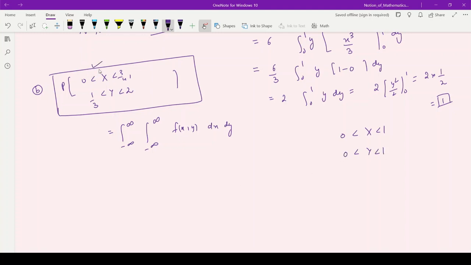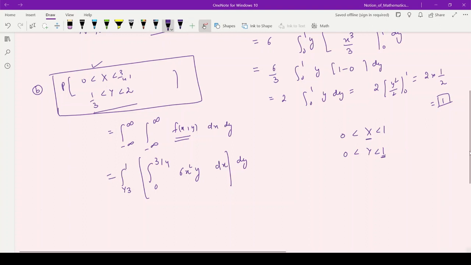So for x, 3/4 lies inside the interval 0 to 1, so I can write 0 to 3/4 as the limit of x, dx, and for that particular range the PDF is defined as 6x²y. Now for y, what will be the limit? It is 1/3 to 2, but the upper limit of y is defined at 1 only. So the limit of y will be 1/3 to 1. Yes, that is the updated limit.